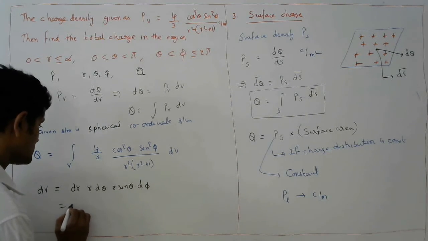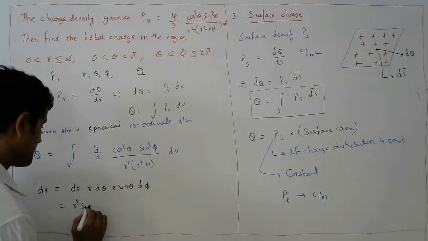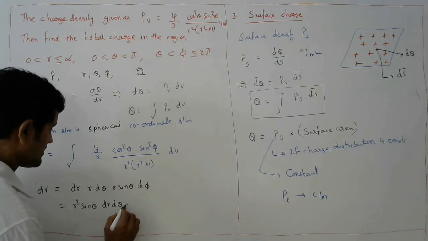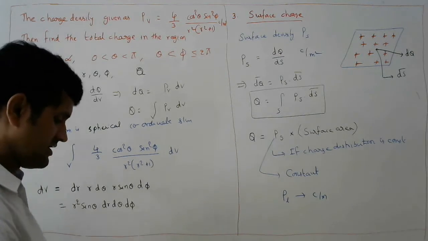So I can write it as r square sin theta dr d theta d phi.